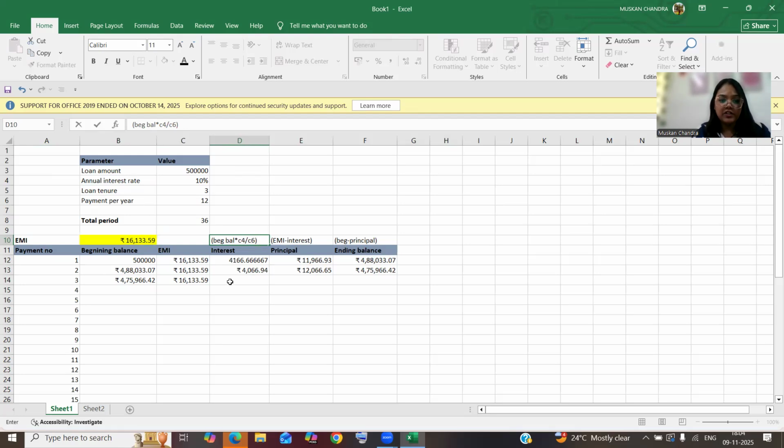This is the formula for interest. Principal is equals to EMI minus interest.